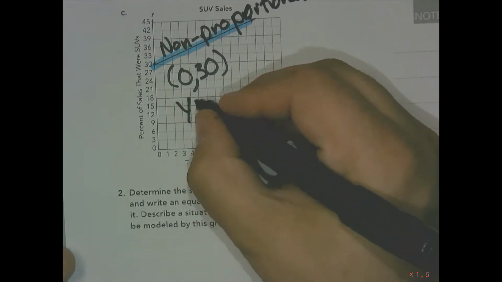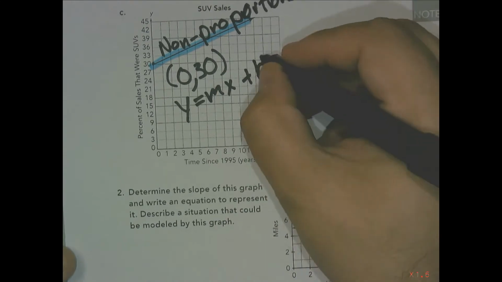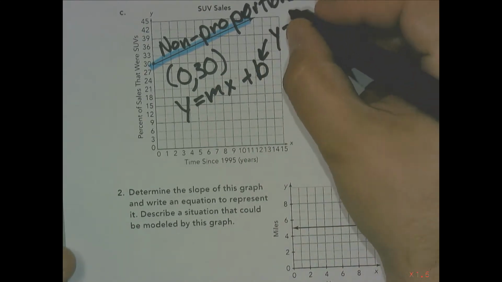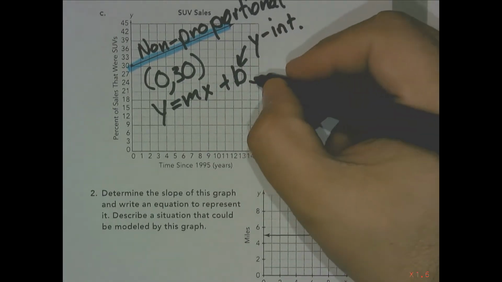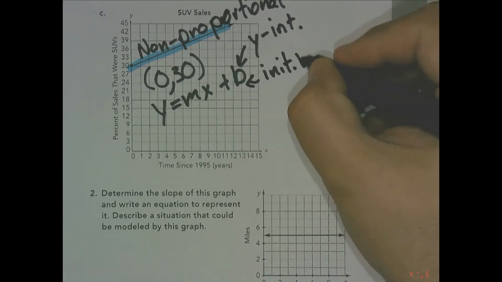So I'm going to have something that looks like this. y equals mx plus b. Now b has a lot of names. It's the y-intercept. It's also what we consider the initial value.